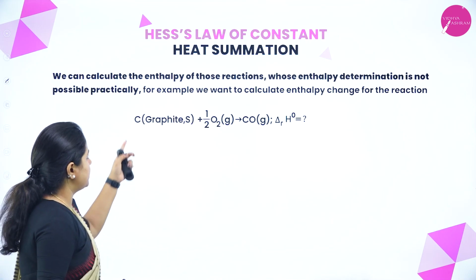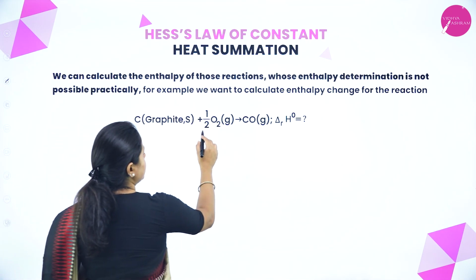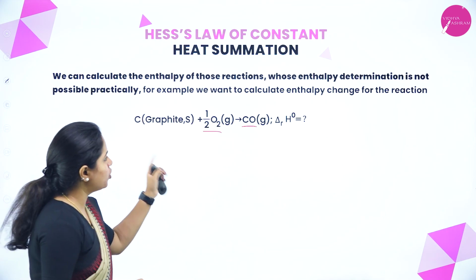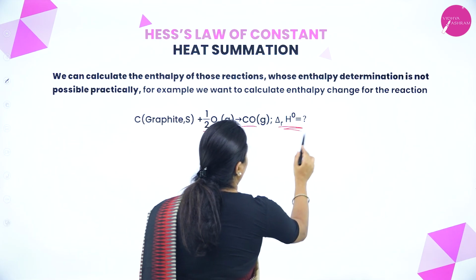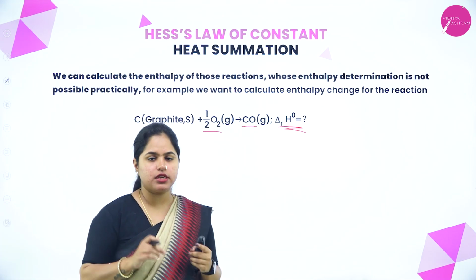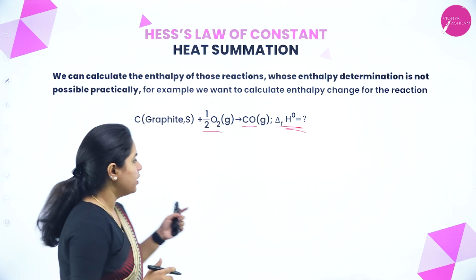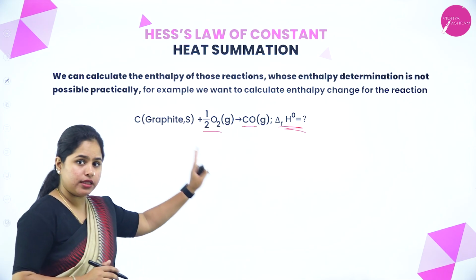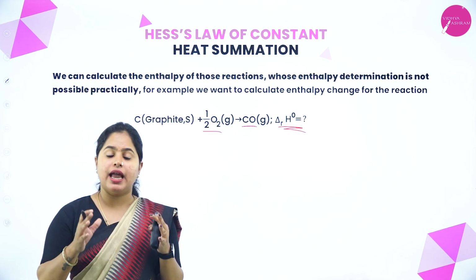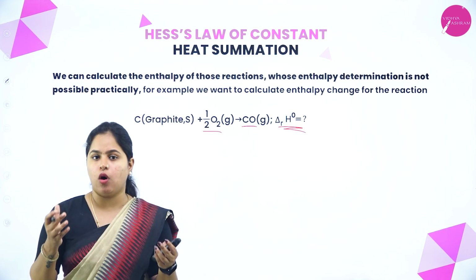Here you can see that carbon is combining with half O2 and forming carbon monoxide. We have to calculate the enthalpy of this reaction, but we don't know the value for this. How do we calculate it? We have to calculate this using another two equations, the enthalpies of reactions which we already know.